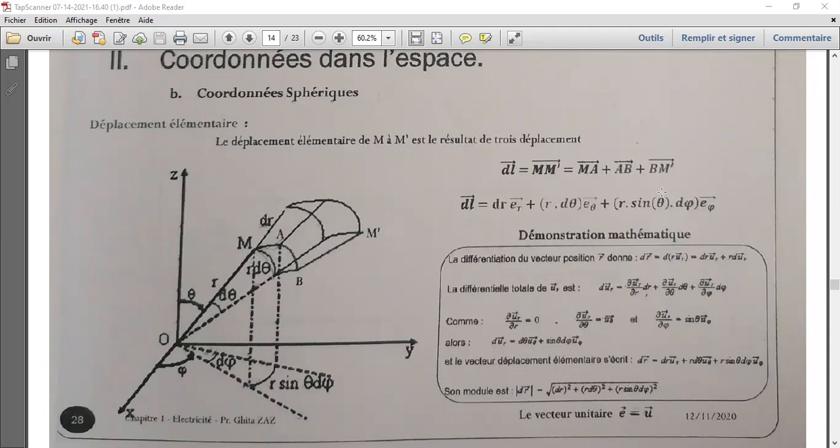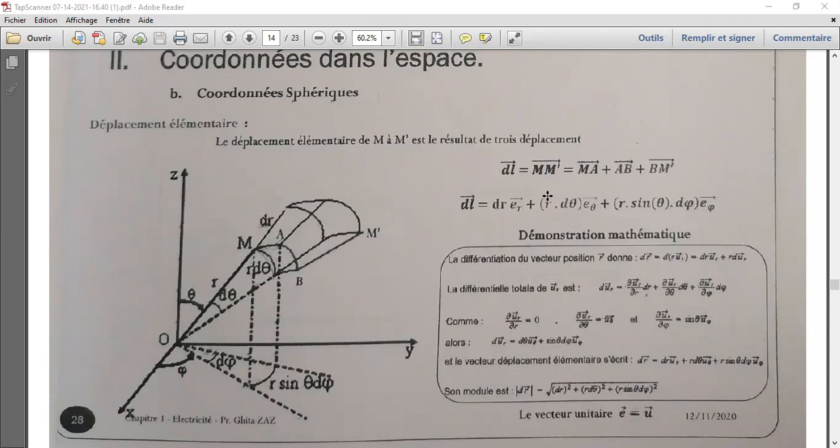This is just the rho. We have replaced rho by r sin theta times d phi. D phi is the angle made when you are moving from M to R, this arc. So this is the formula for you to find the displacement M prime.